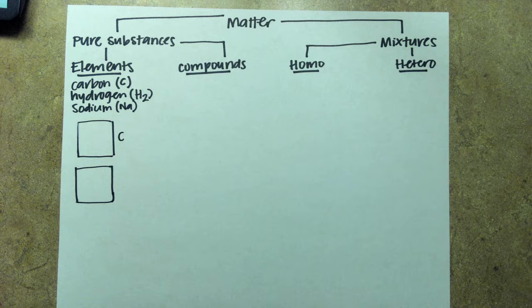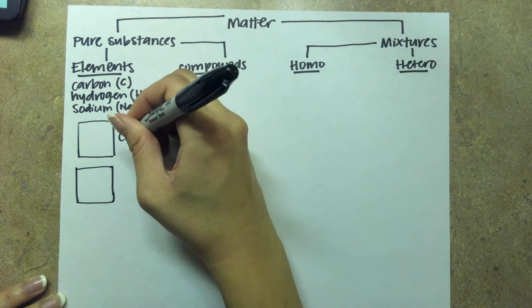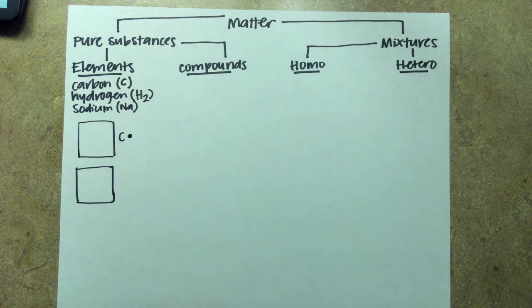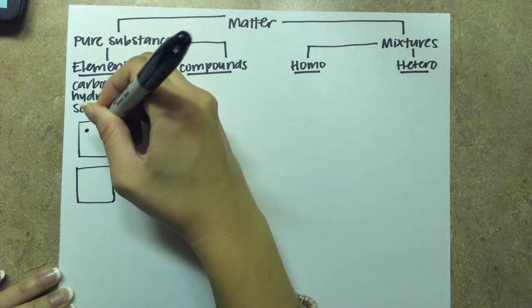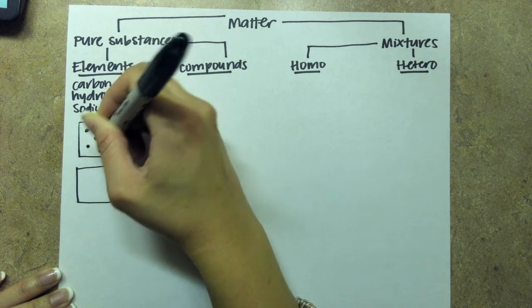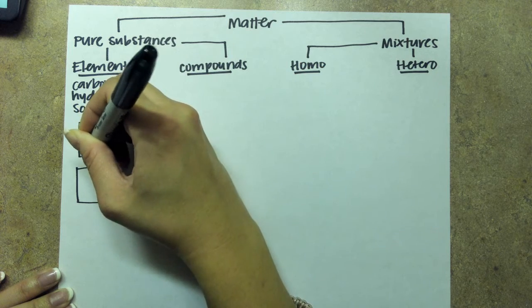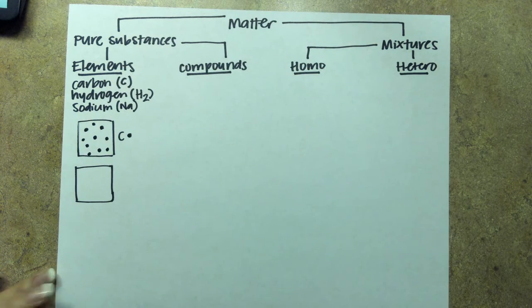When we draw a particle diagram of elements, the key thing you should notice is that it's the same image repeated over and over and over. And so if we have something like carbon, these dark circles represent carbon. And so in a particle diagram, all I should see are the same circles repeated over and over and over.